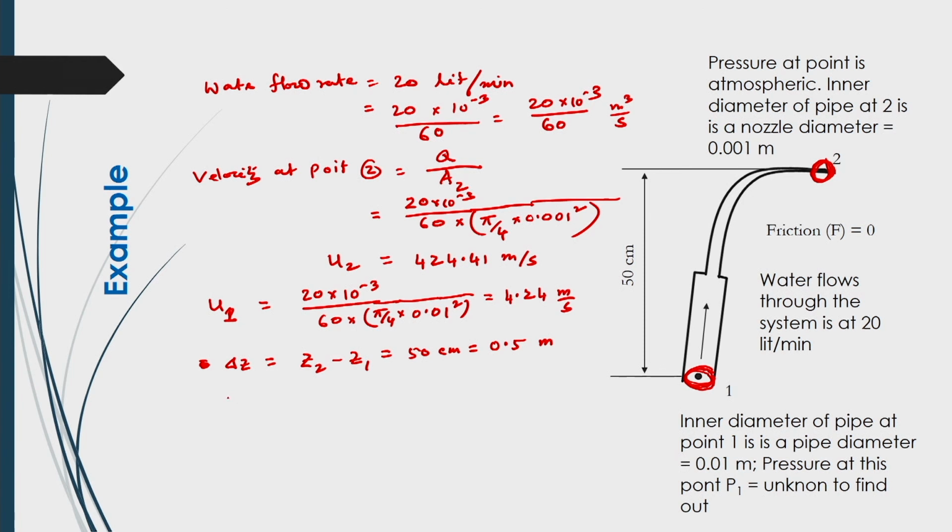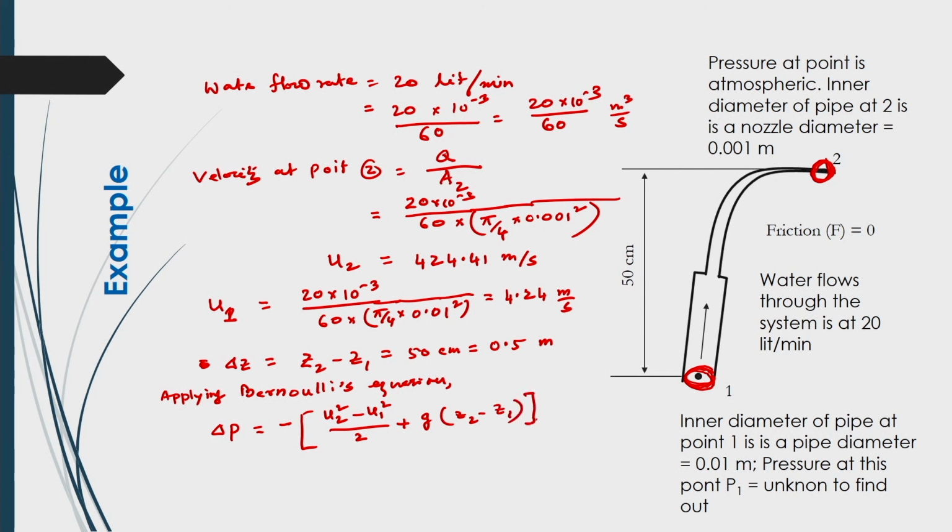Then applying Bernoulli's equation, we can write delta P equal to minus, here, u2 square minus u1 square by 2 plus g into z2 minus z1, into rho.